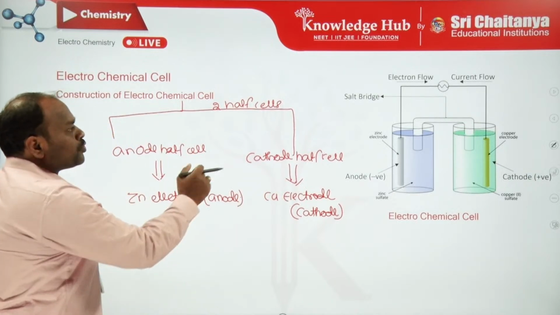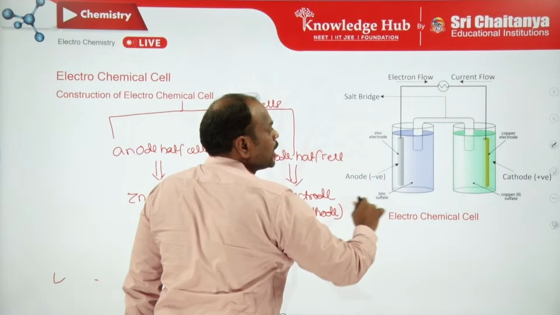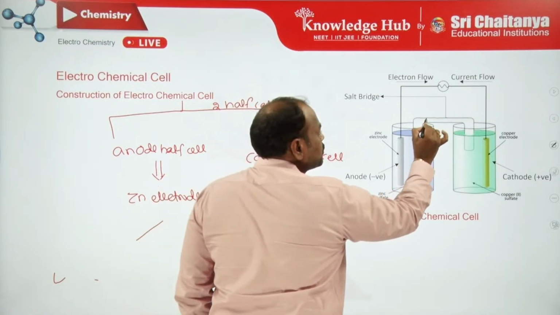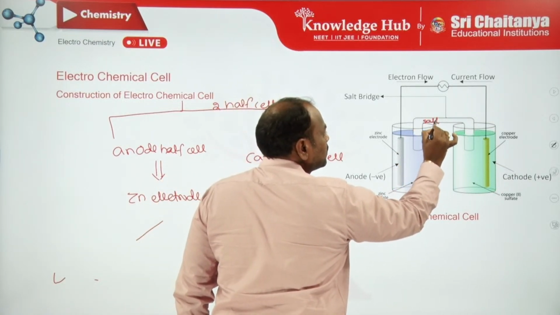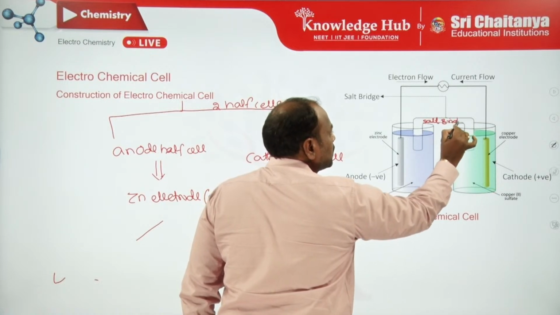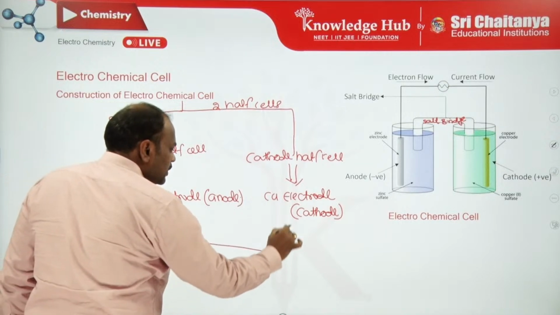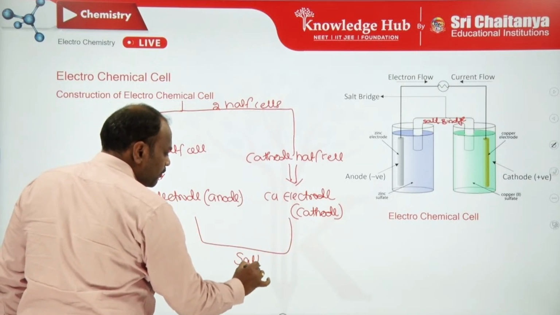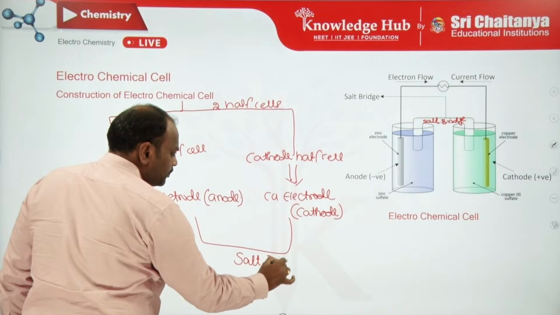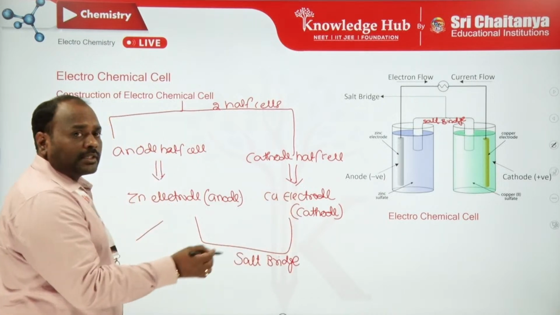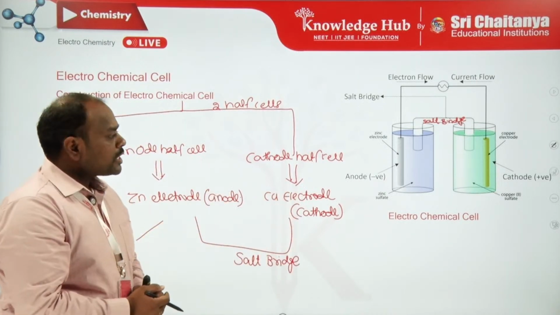Now these two are connected through the external circuit, and here it is the salt bridge. These two half cells are connecting through the salt bridge. And here, electrolytic solutions are used.